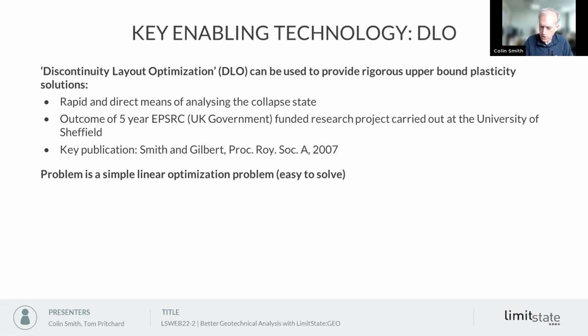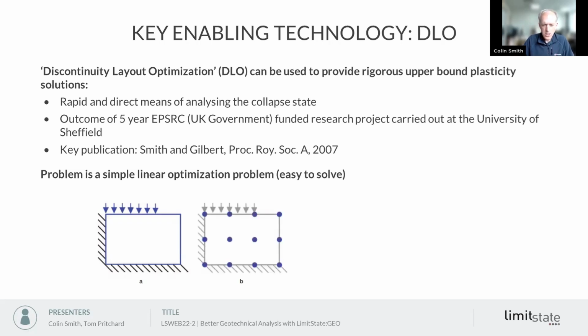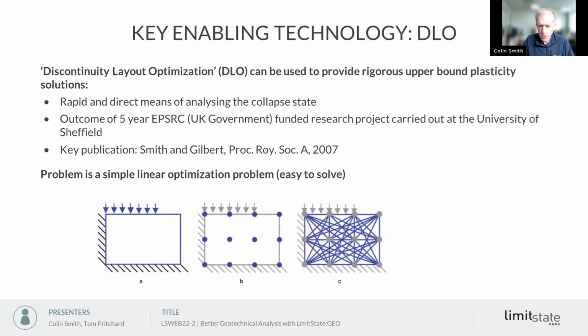Now, it's actually quite straightforward to explain the core principles of it. So here we have a little domain of soil, rectangular block with a load on it, and supports to the left and the base. What we do is, instead of discretizing this into elements, we populate it with a series of nodes. And then we connect every node to every other node with a potential slip line.